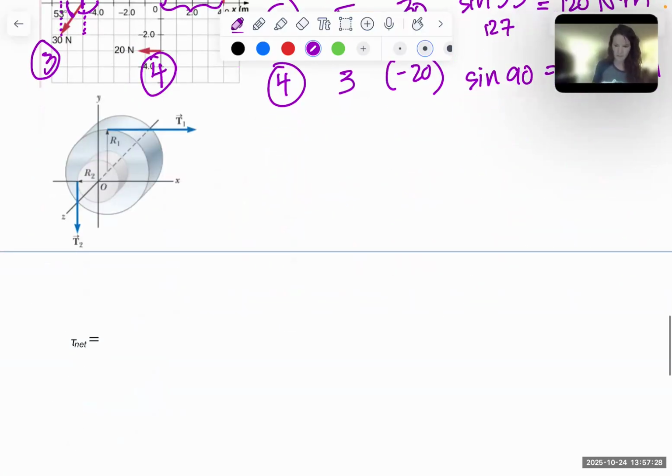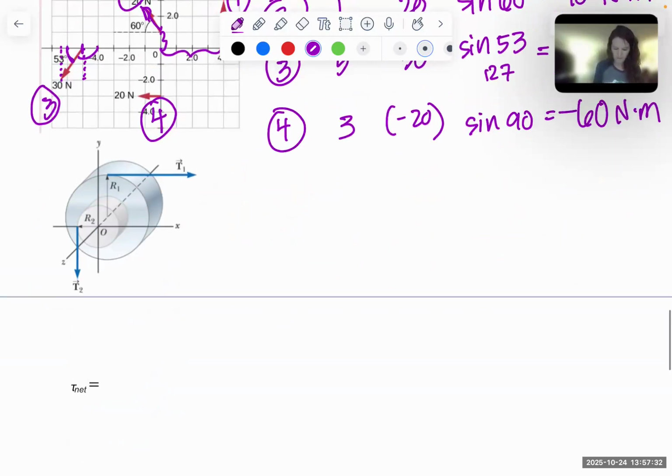All right, a little bit more. If I wanted to get the net torque on this system, I would look at my radius 1 times torque 1. I see that's going back into the board, so I would have negative R1 T1, and then I look at my R2, that's coming out at me, so that's positive, so plus R2 T2.